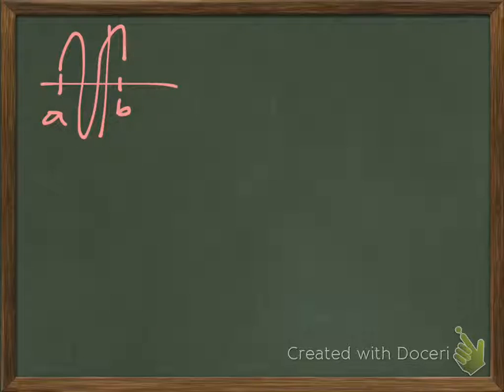All right? Well, if I'm going with this picture, then my f of a would be somewhere right in there, right? And my f of b would be somewhere right in there. Now, what I get from this theorem is the promise that every value between there and there is going to occur for this function in that interval.